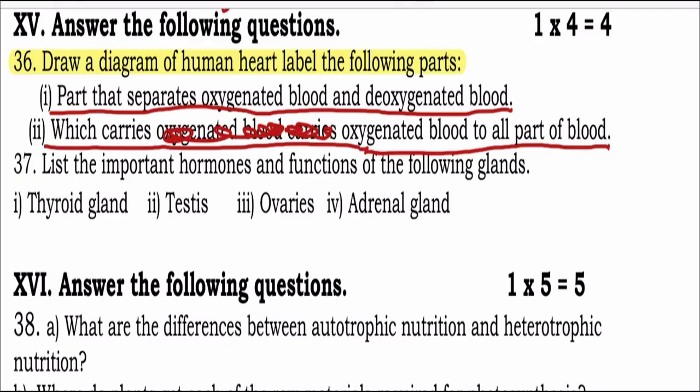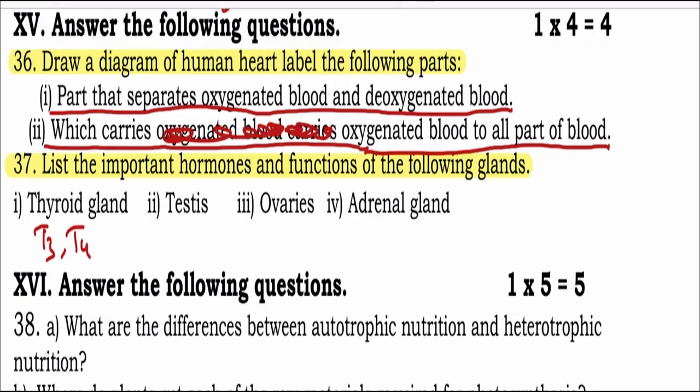Next question, list the important hormones and functions of the following glands. Okay, they have given thyroid gland, testes, ovaries and adrenal gland. In the thyroid gland, the main hormones are T3 and T4, which means thyroxine and triiodothyronine. The thyroid gland helps in regulation of metabolism, growth, development, and control of energy levels and body temperature.